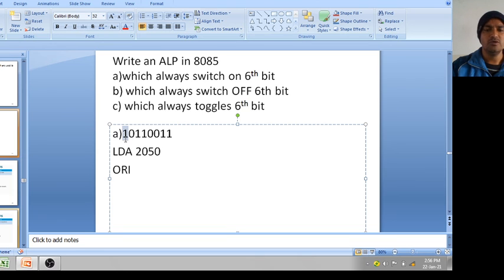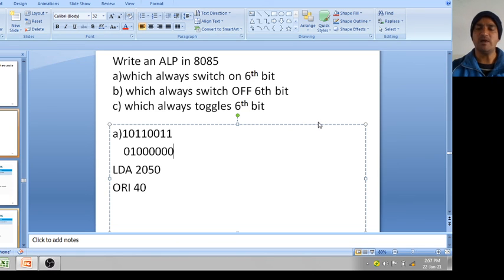So 0 1 0 0 0 0 0 0, it means 40. You will perform ORI 40. How is it working? 1 OR 0 will give 1, and 1 OR 1 will give 1, so the rest of the bits remain unchanged, without changing the rest of the bits.